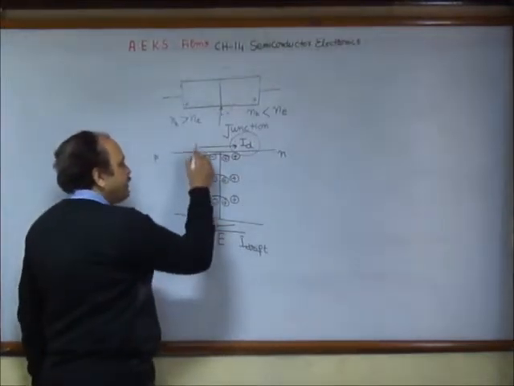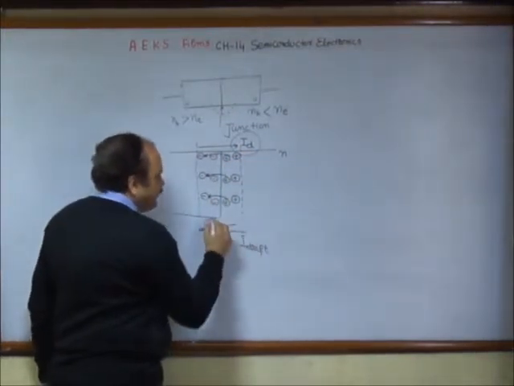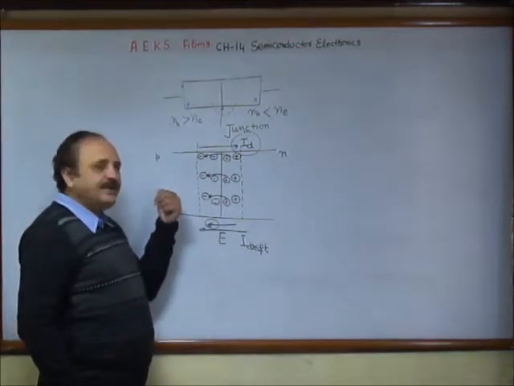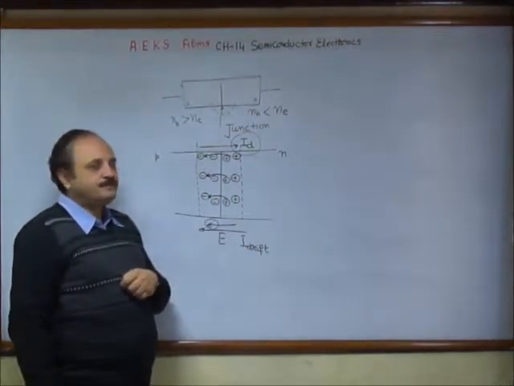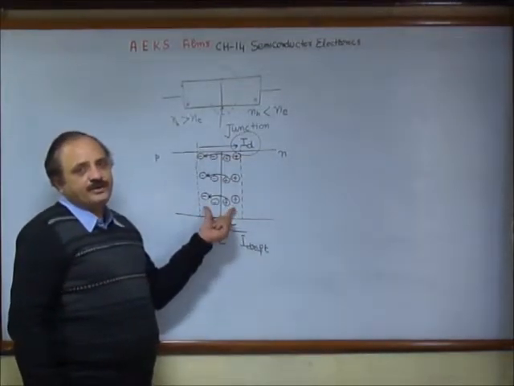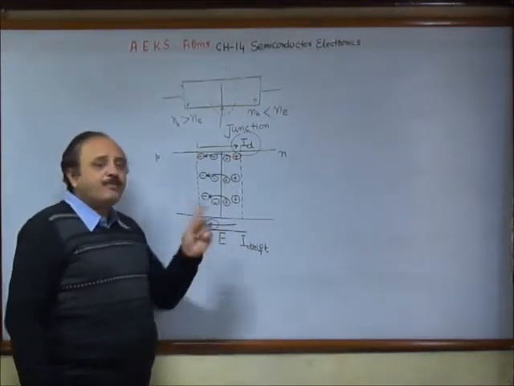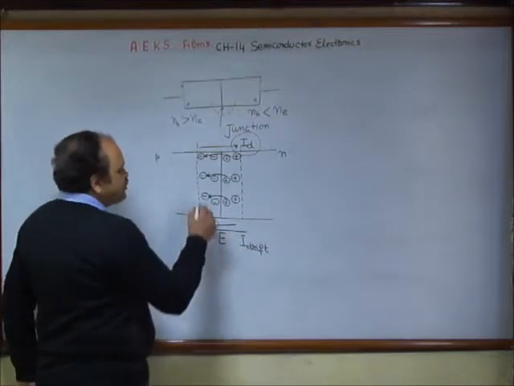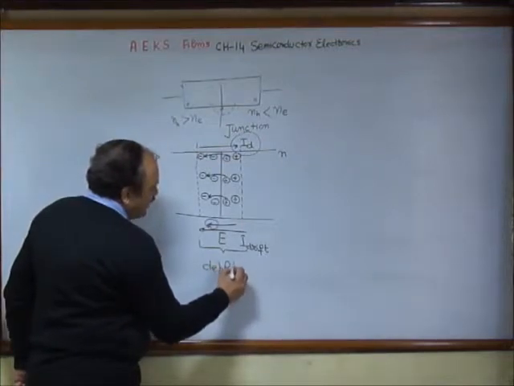Once the equilibrium is made, one can say that there is a region where we have bound negative charge on the P side and bound positive charge on the N side. This region is known as a depletion layer. The word depletion comes because these charge carriers cannot participate in the conduction process as they are bound.